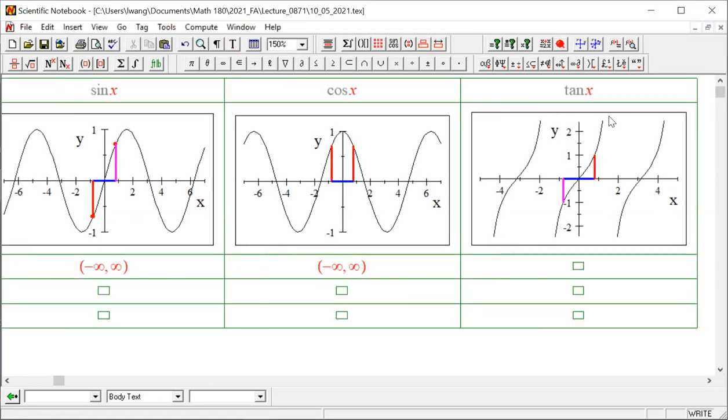When we talk about domain, we're talking about what the input can be. Domain is about input. Oh, X cannot equal 0. You mean this? Which X? This X cannot be 0.